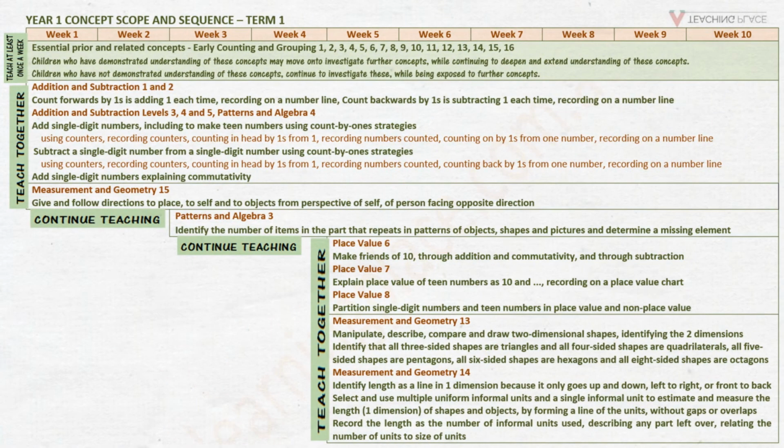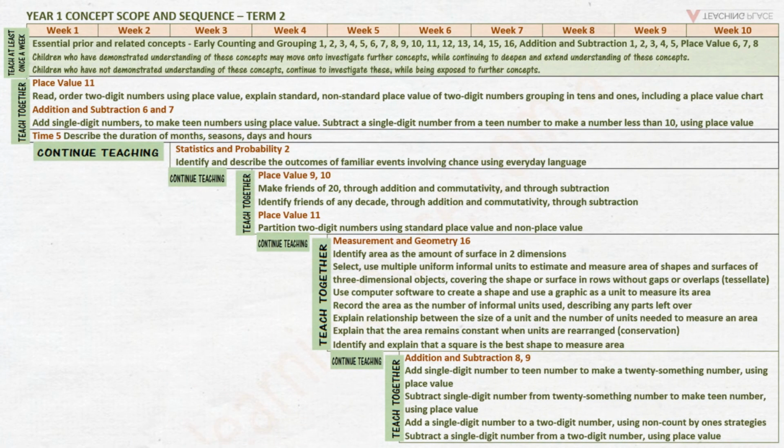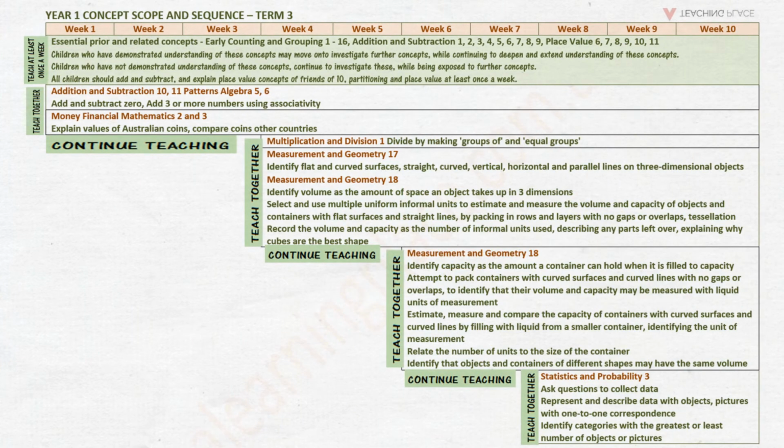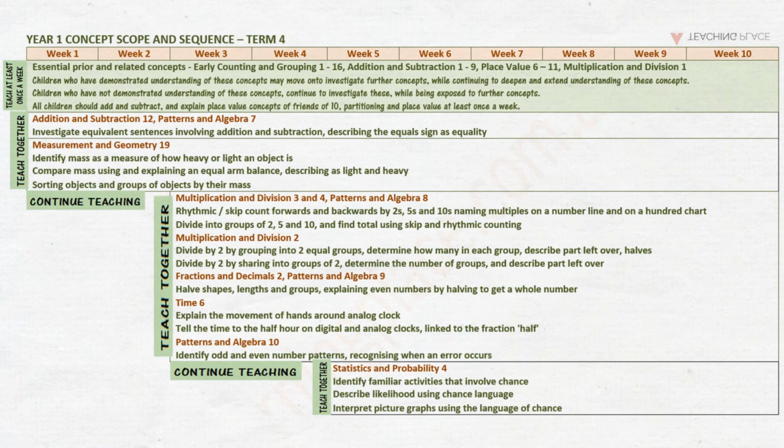Pages 2 to 5 contain a term-by-term sequence of concepts taught in Year 1. Each term presents essential prior concepts from the previous year and terms. Each term's scope and sequence is divided into weeks, with essential prior concepts being taught first and essential related concepts being taught together.